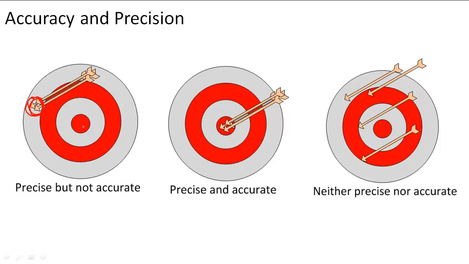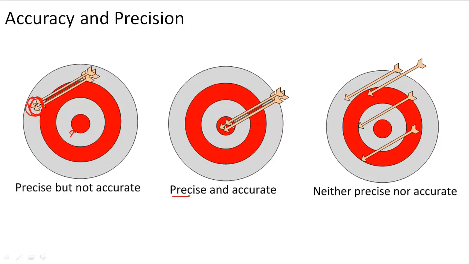But we know that the objective is to get the arrow in the middle, and it's not in the middle. So we see that they are not accurate, but they're very precise. They can get that part of the target very precisely, but they're not getting the center.